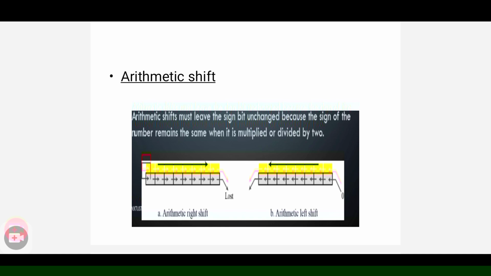If we are using an arithmetic left shift, the MSB part is lost, and we keep the LSB part as 0. That is arithmetic left shift.